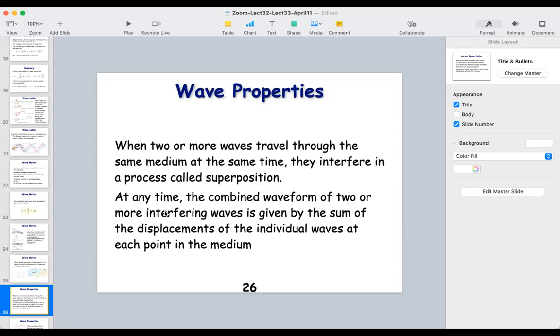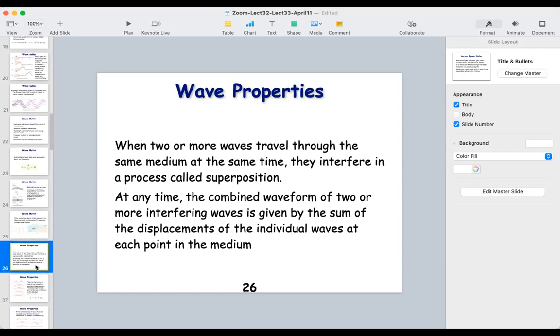Or the waves generated by your motorboat interfere with the ones of the ocean, right?